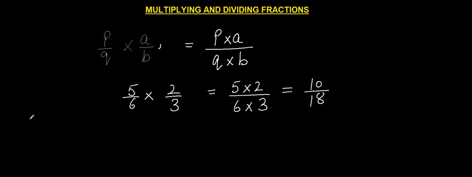Now, as I've already mentioned in our earlier videos, in fractions we should always write our final answer in a simplified or reduced form. So 10 and 18 can be simplified as 5 over 9.